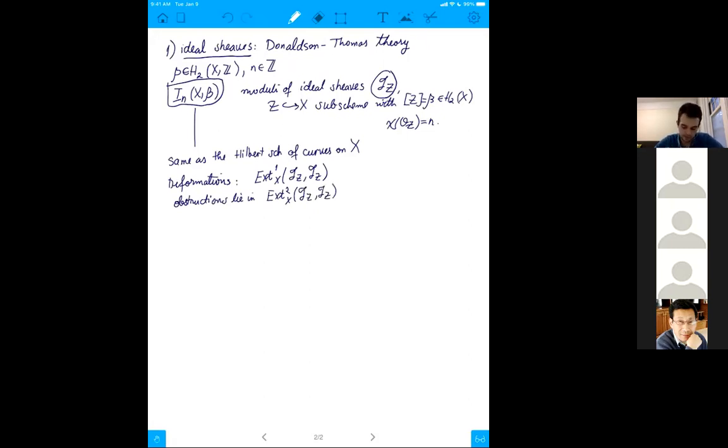And it is actually convenient to only look at deformations for fixed determinant, for trivial determinant. And then we'll add a 0 here, meaning this will be the kernel from the Ext spaces to the i-th cohomology of the structure sheaf on X. So this will be the trace-free parts of the Ext groups.